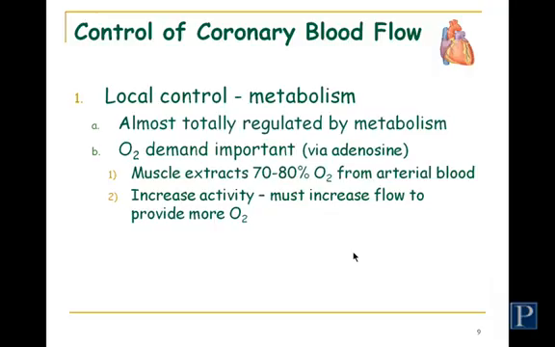Earlier we talked about local control of blood flow, and we discussed that there are two means by which you can increase oxygen delivery to a tissue: increase blood flow or extract more oxygen from the blood. The heart already extracts more oxygen to begin with, so the only way it's going to be able to get more oxygen is to somehow increase blood flow. So how does it do it?